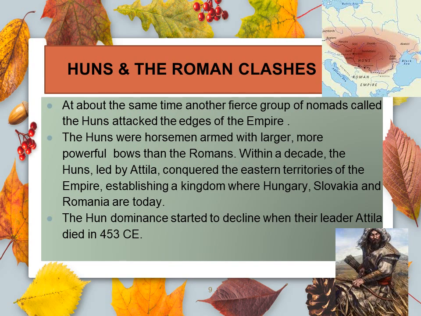And it was all because of their leader Attila, who had died in the year 453 CE, and that led to the power of the Huns slowly and steadily going down.